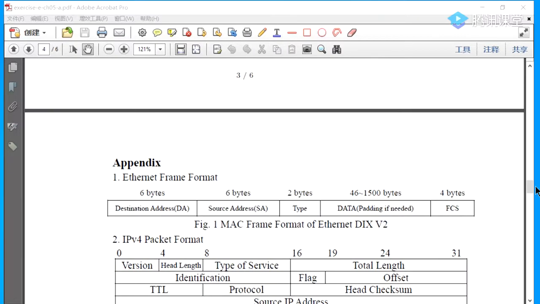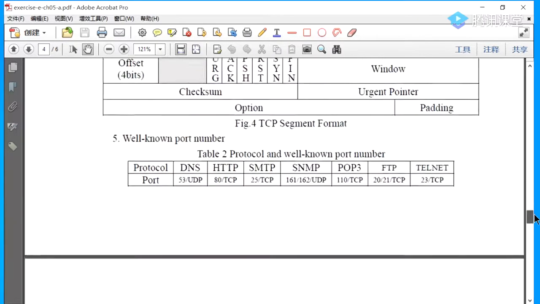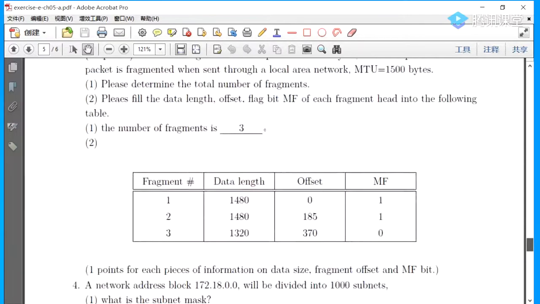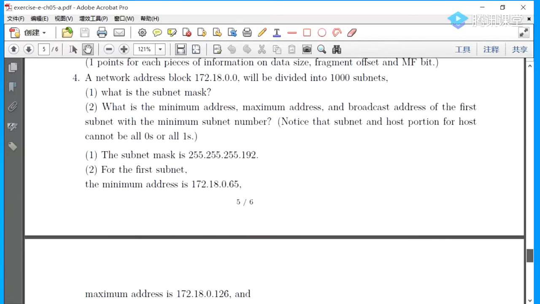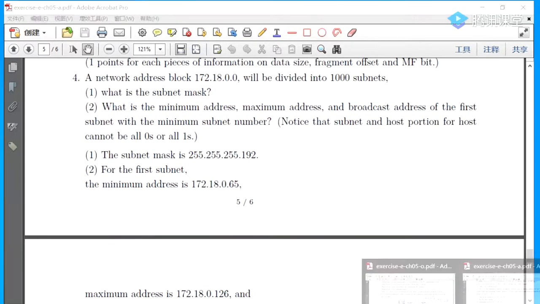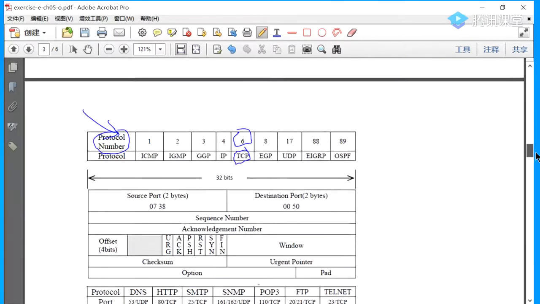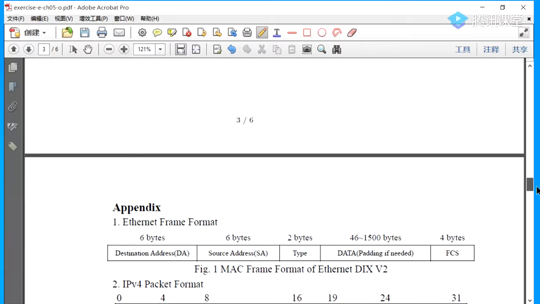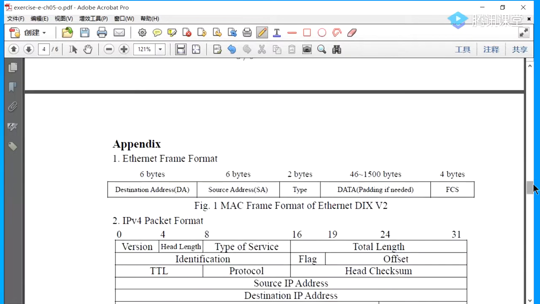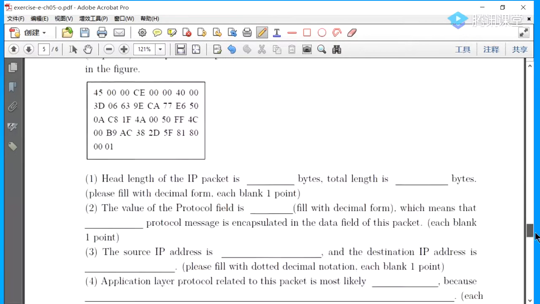Then we continue to illustrate how to calculate subnetting questions. Subnetting is a typical and simple question, but how to solve subnetting questions?